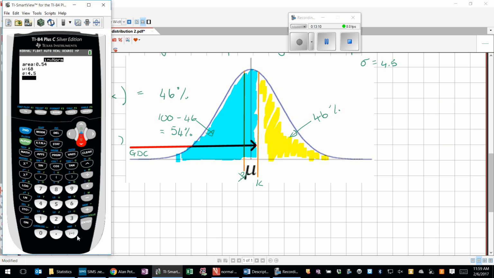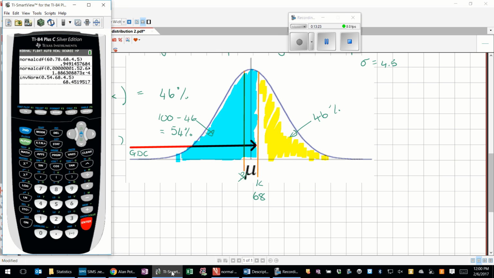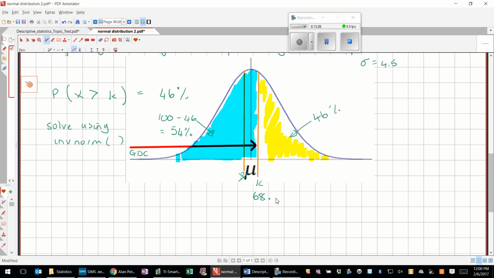And we are told that, if that's right, the K value is 68.45. Okay, so only slightly past the mean, a really small amount.